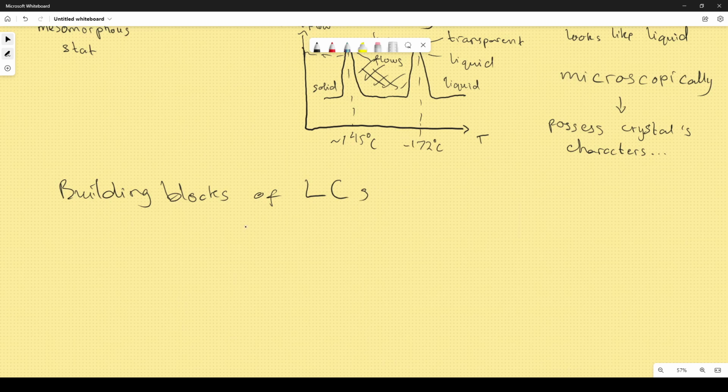So basically they are molecules, but in the field of liquid crystals, we call them mesogens. Since mesogens are still molecules, their characteristics or shapes are still governed by the shape of the molecules.